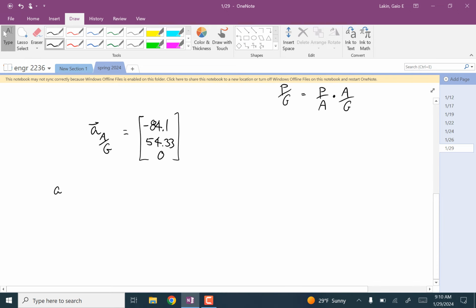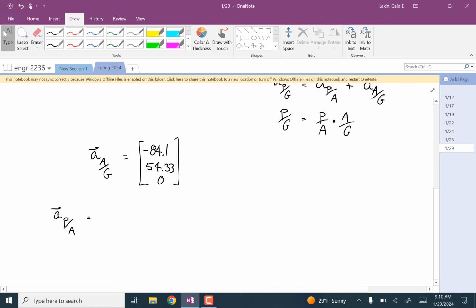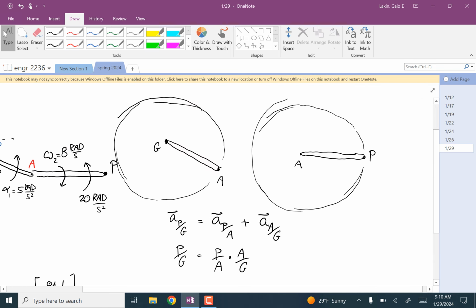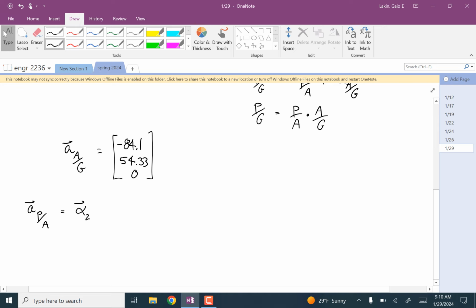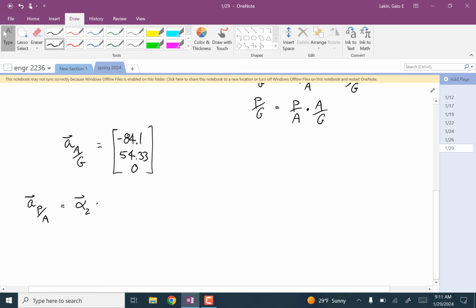So the acceleration of P relative to A is the angular acceleration of this body, so that's the 20 radians per second squared, cross with the r for that body, plus omega 2 cross quantity omega 2 cross r2.